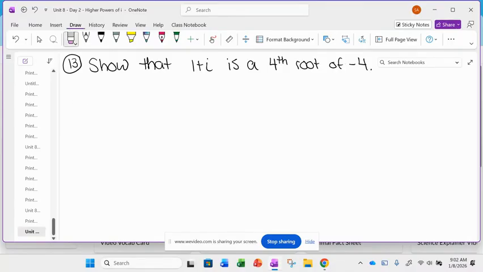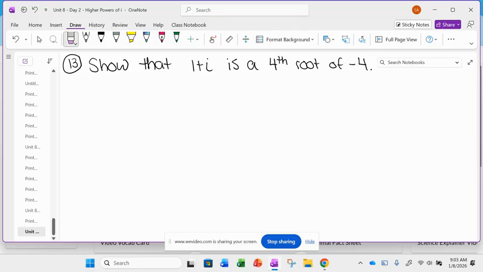Okay, so I just wrote, show that 1 plus i is a fourth root of negative 4. What do I mean by a fourth root? Good.